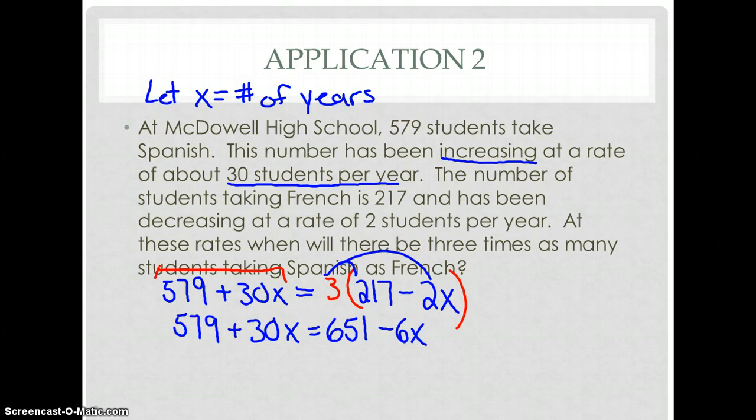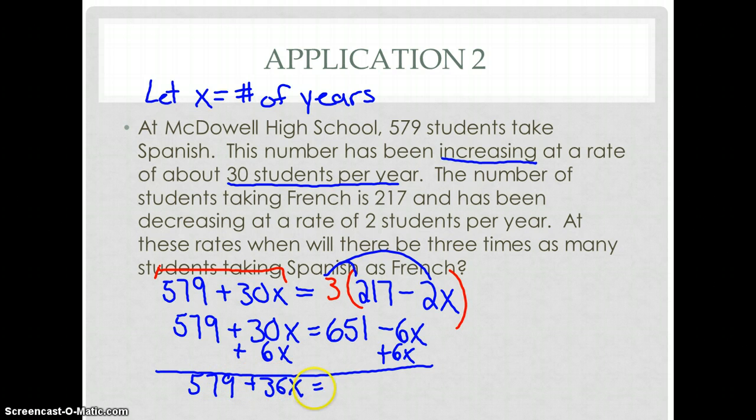Basic equation now with variables on both sides. So I'll solve this first. I'm going to add 6x to both sides. And it looks as though we're going to run out of room. Here I would get 579 plus 36x equals 651.